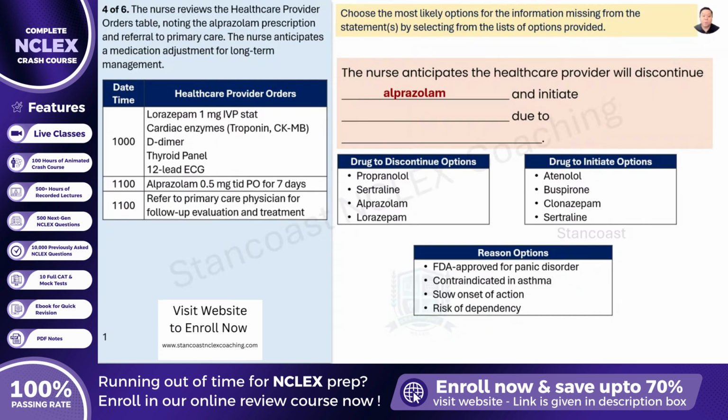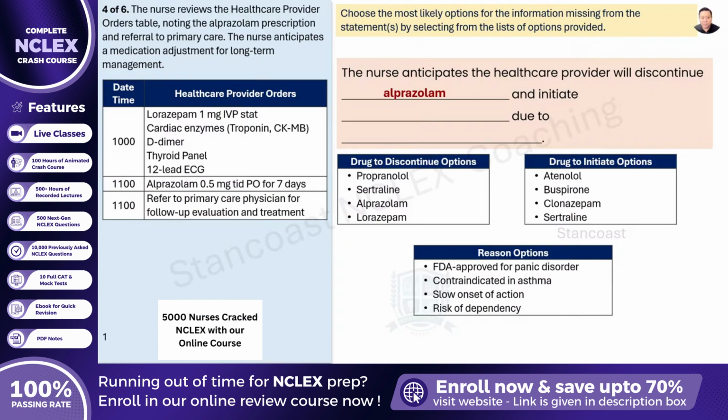People will tend to develop tolerance very quickly, and even a few days of use can lead to withdrawal symptoms like rebound anxiety or even seizures when the patient discontinues the drug abruptly, right? And because of these risks, the best practice is to limit benzodiazepines such as this one to short-term use only.